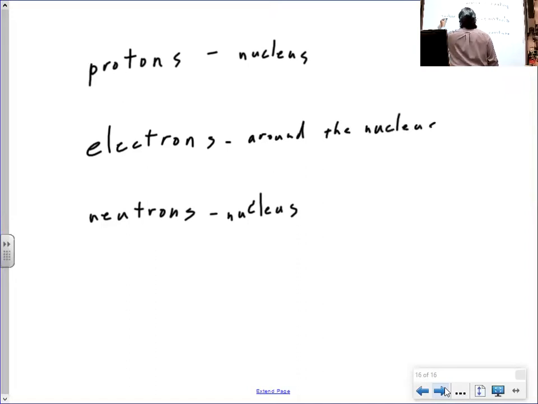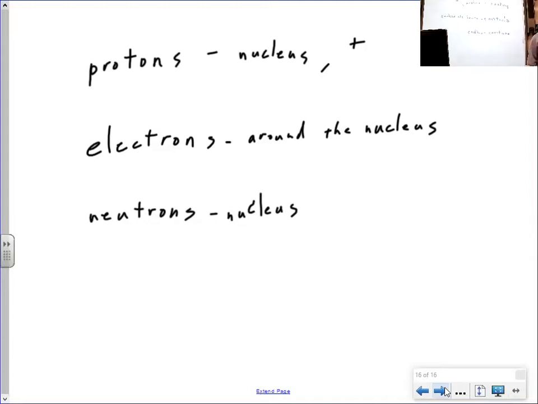All right, what about charge? Talk about alliteration. Protons are positive. Alliteration. But then the negative one isn't so much of an alliteration.